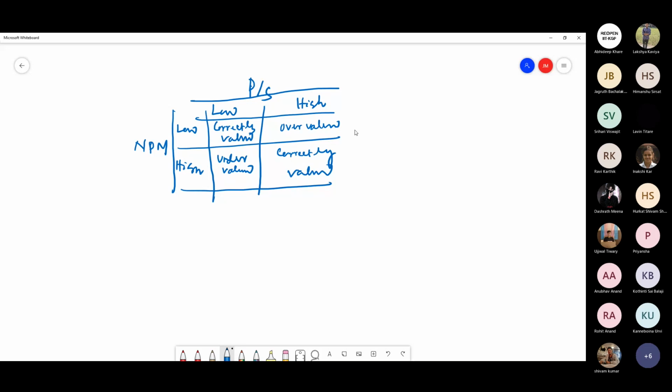Is it okay? Yes, sir. Okay, so this is basically another ratio, the price to cash flow. The cash flows are not easily manipulated. Generally you can manipulate certain things with respect to the balance sheet, but the cash flows are less prone to manipulation.